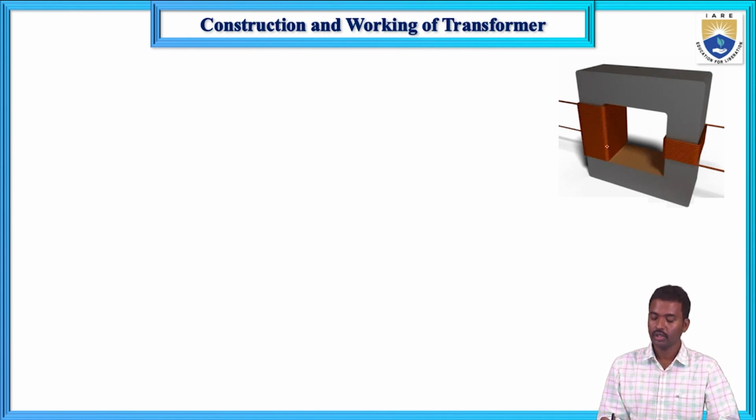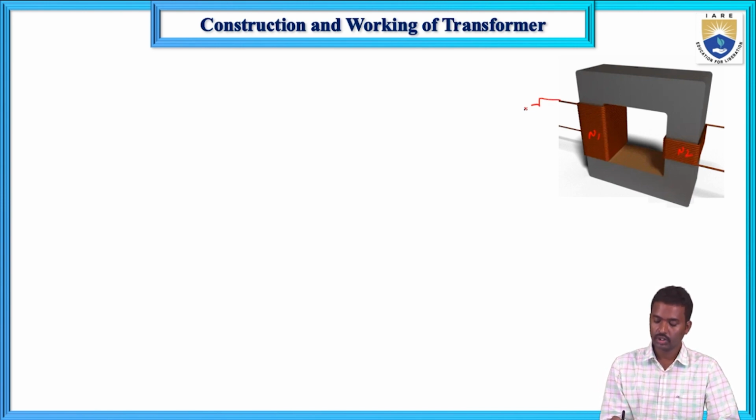I will first represent the terms. This is the transformer core, having 2 windings. The first one is the primary winding and this is the secondary winding. Primary winding turns are N1 and secondary winding turns are N2.